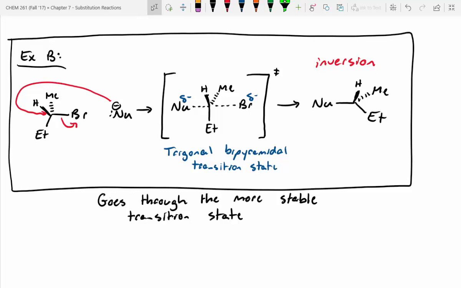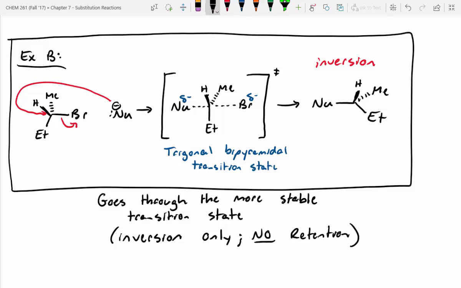We don't observe any retention. Does that make sense? It's a little bit abstract to think about that transition state of making and breaking bonds, but it helps explain the stereochemistry, right?